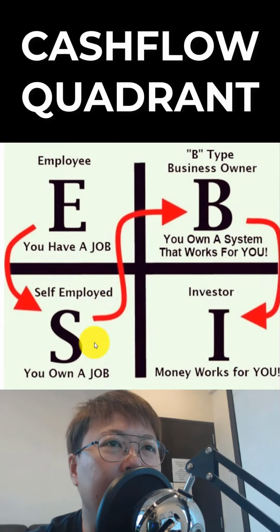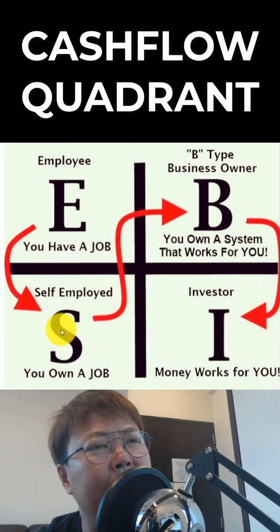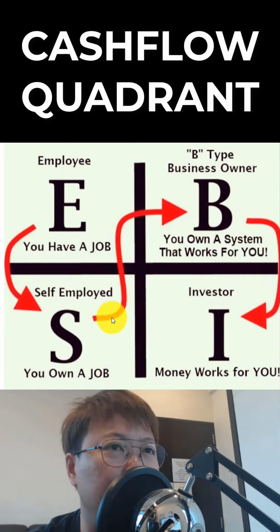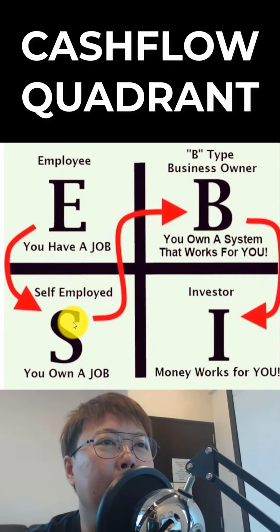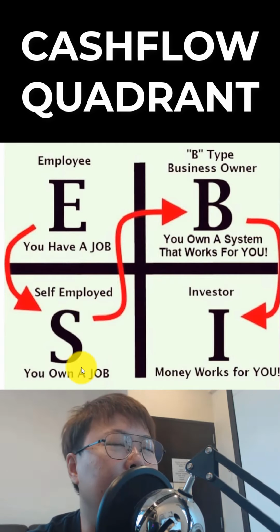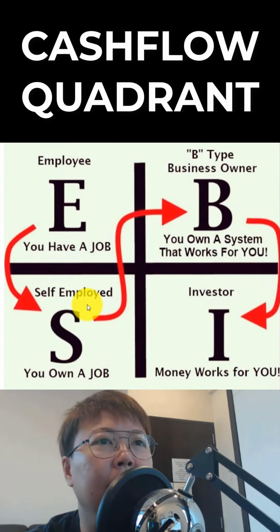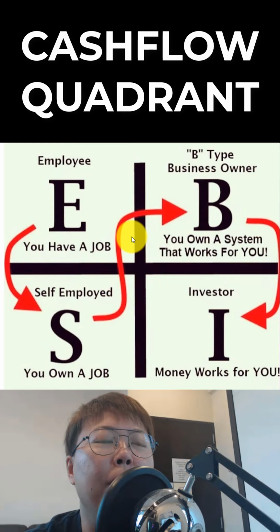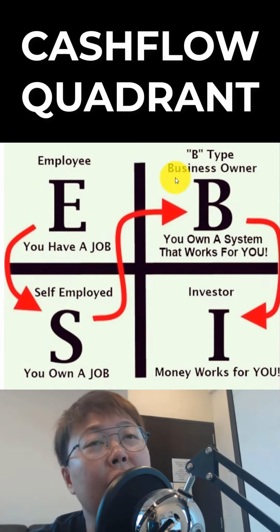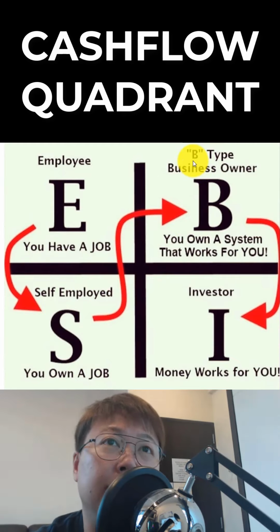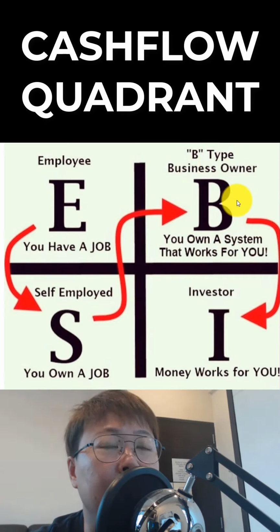When you are self-employed, you understand the mindset and the skills required, you work for yourself and you want to be better. That is when you move to be a business owner. What is the difference between business owner and self-employed? A lot of times people get confused.